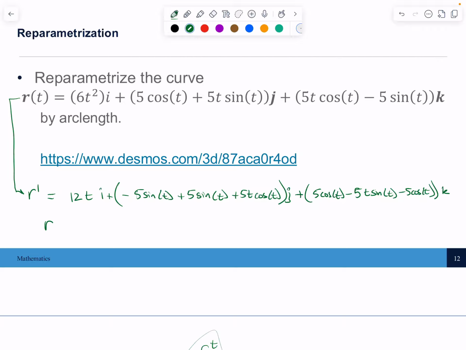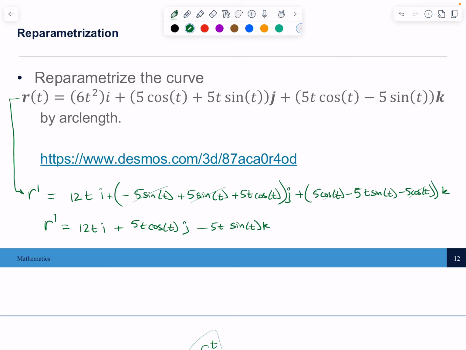Let's clean things up. Notice those two cancel. You're left with 5t cosine of t times j. This one and this one will cancel, and you're left with -5t sine of t times k. All right, well, there you go.